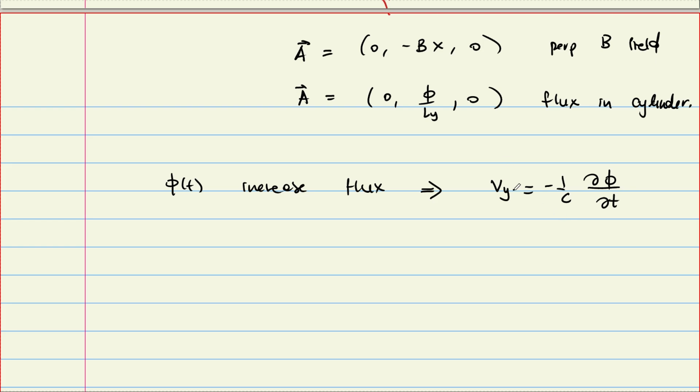Change of flux is equal to electromotive force. Or electric field Ey is going to be minus 1 over c del Ay del t. This is exactly the rewrite of the same thing, and this is going to be minus 1 over Ly c del phi del t.